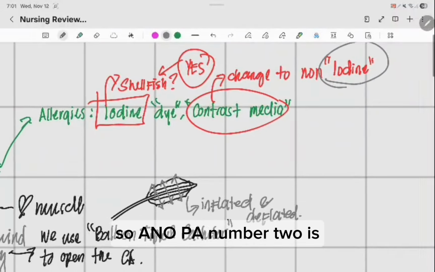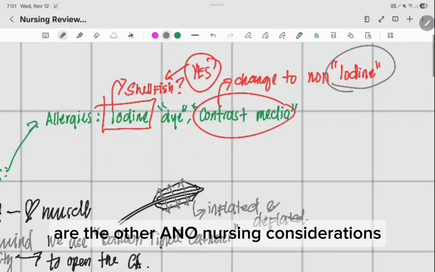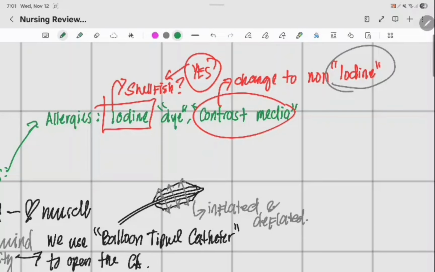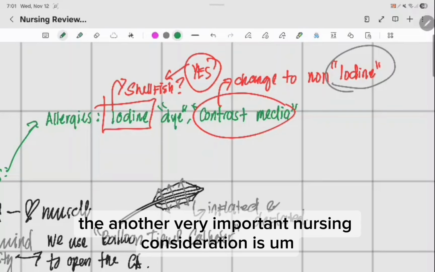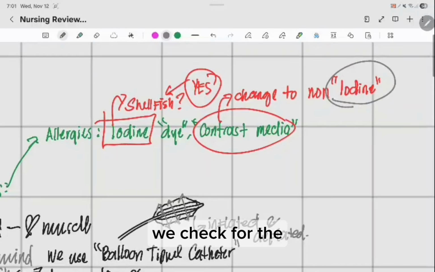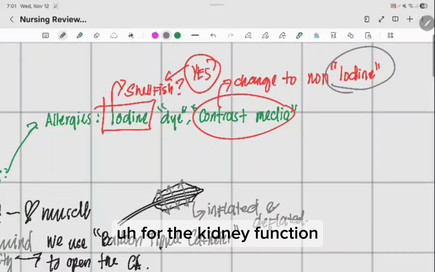Number 2 is the other nursing considerations. Another very important nursing consideration is we check the kidney function, no?